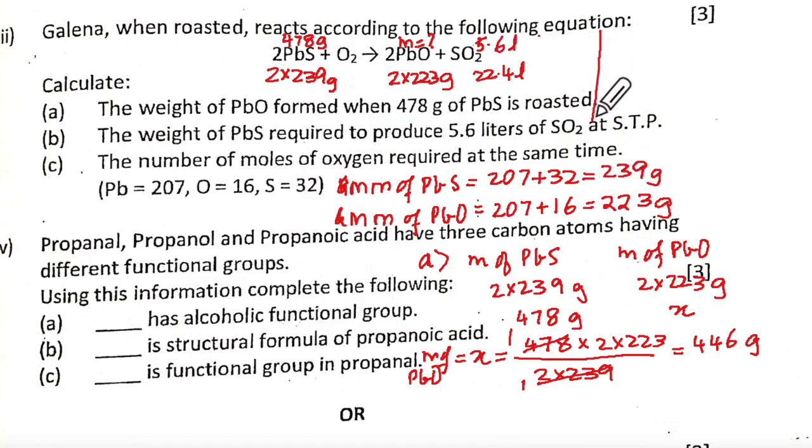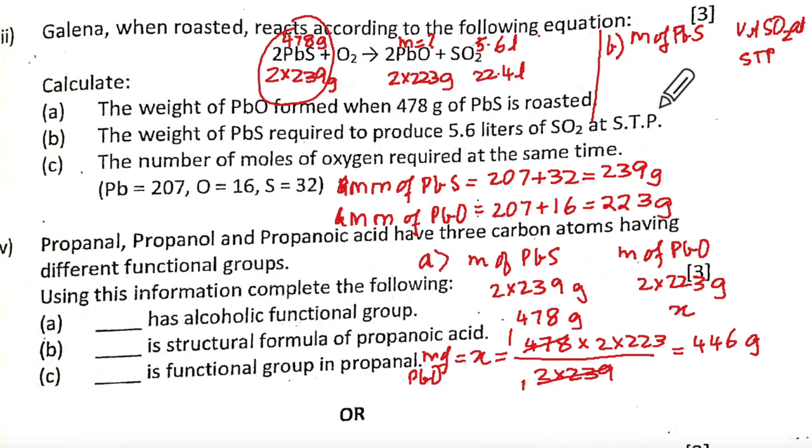So what are going to be my two columns? Both the numbers are known here. So my first column will be mass of PbS, and here it will be volume of SO2 at STP. Both the numbers known, 2 into 239 grams, then this is 22.4 liters.